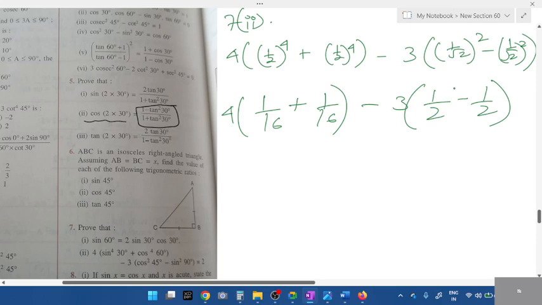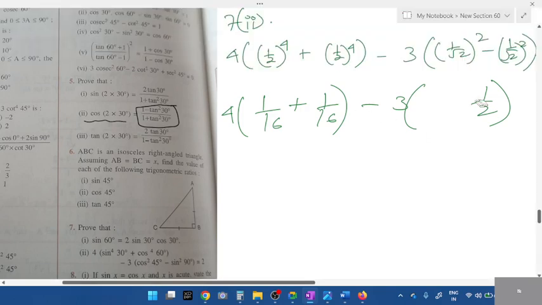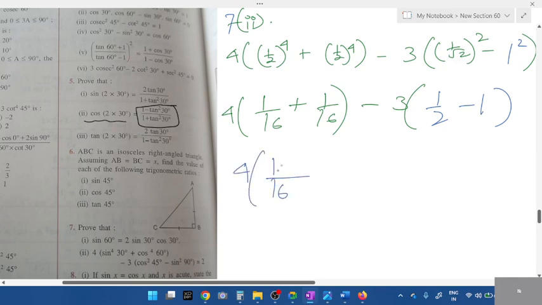No. I have done a mistake here. What is sin 90, students? 1, 1. This is actually sin square 90 is 1 square is 1. So you get 1 by 2 minus 1. 4 into 1 by 16, 1 plus 1 minus 3 into.